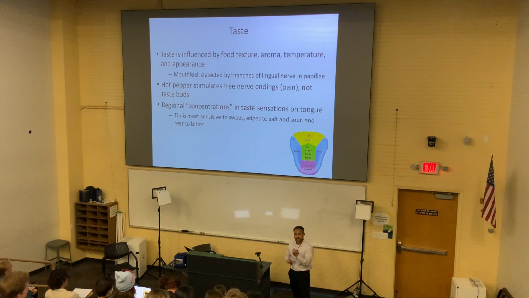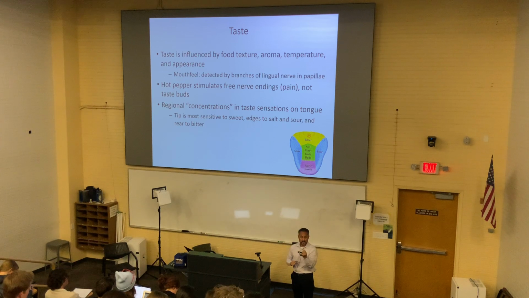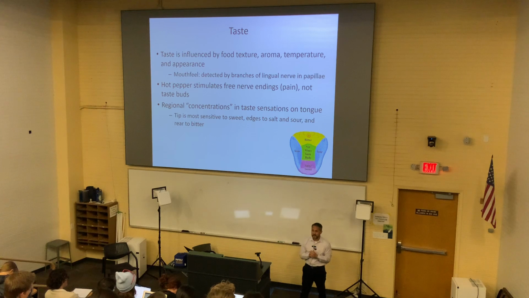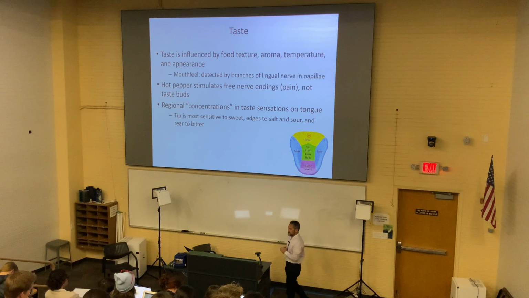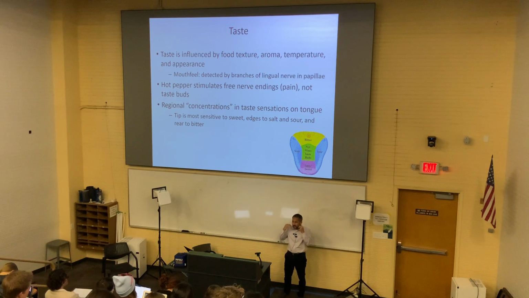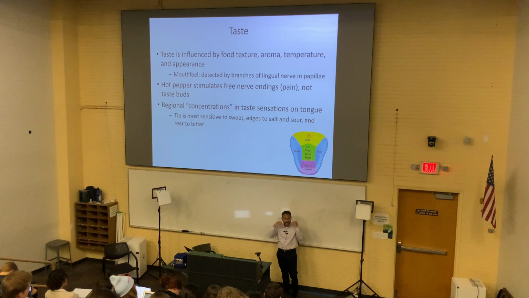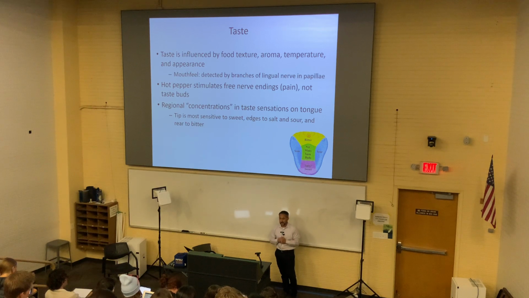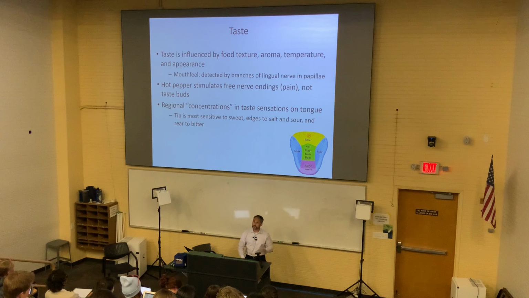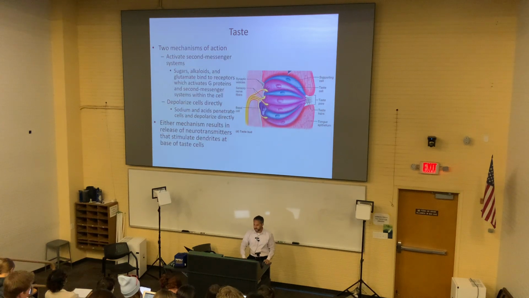That's not actually the case. That's where the taste buds are the most highly concentrated for those two sensations, but you can still detect sweet at the back of the tongue. It's just that at the back of the tongue, it's mostly bitter taste buds that are found there. Okay? So sour, you can kind of tell, you get this sour feeling, and the side of your tongue kind of lights up when you have some sort of sour gobstopper or a sour piece of candy. So these are regional concentrations, not to be confused with this is the only place that they're found.